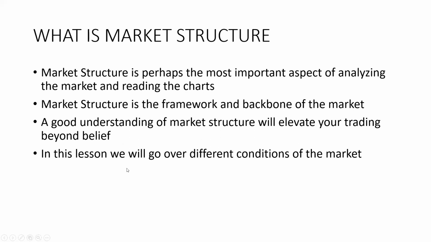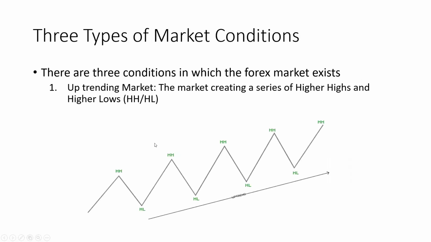In this lesson, we will go over different conditions of the market. So let's talk about the structure of the market. There are three types of market conditions or market structure.